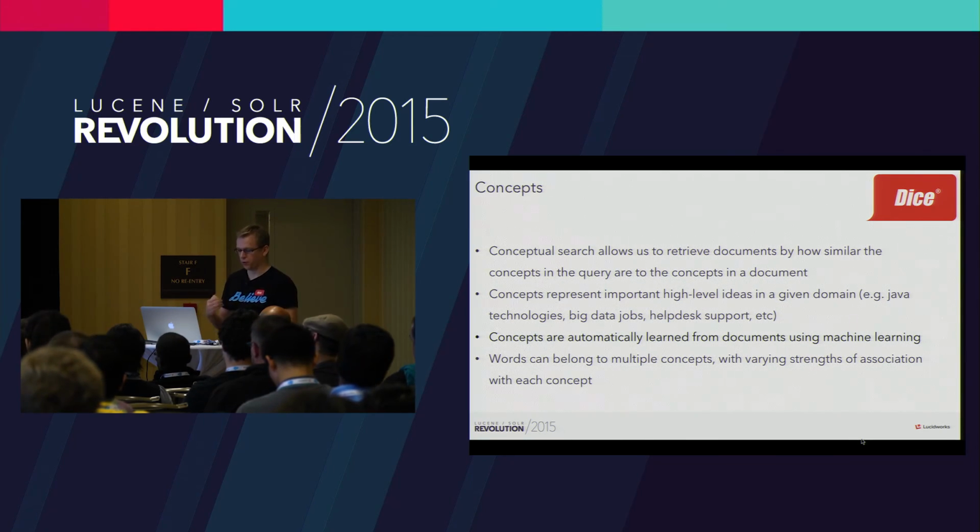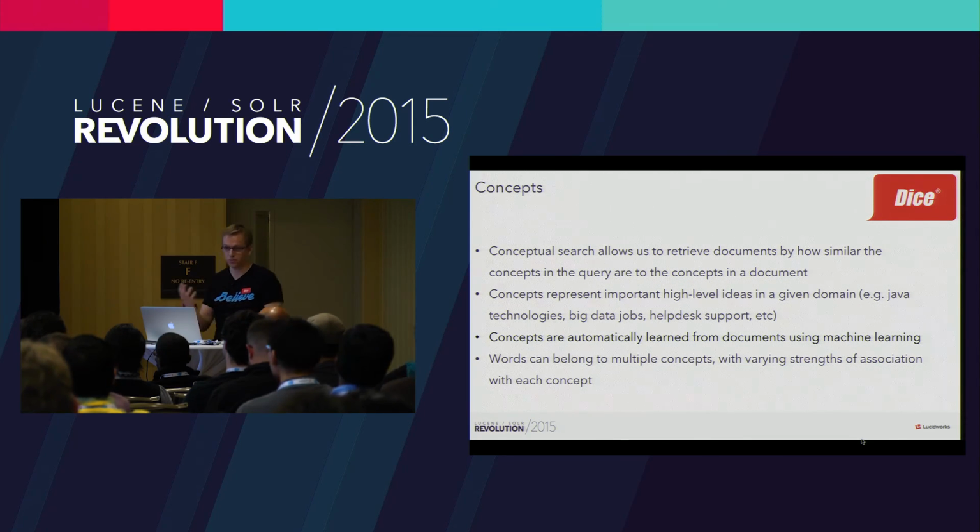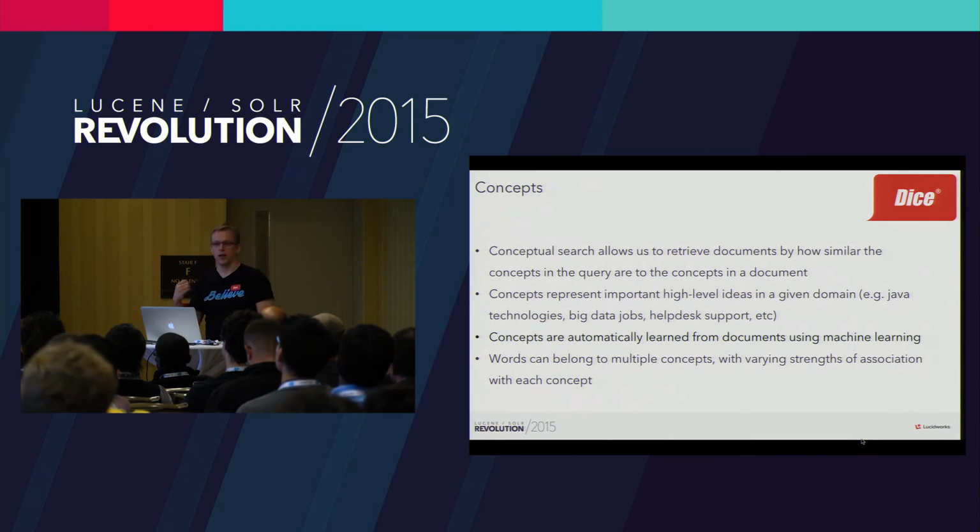These concepts can be automatically learned from documents using some unsupervised machine learning techniques. And typically it learns a set of concepts and a mapping of terms to concepts, where the terms have a degree of association with different concepts. So a term can belong to multiple different concepts. As you might expect, for example, Hadoop may belong to both a Java concept and also a big data concept.